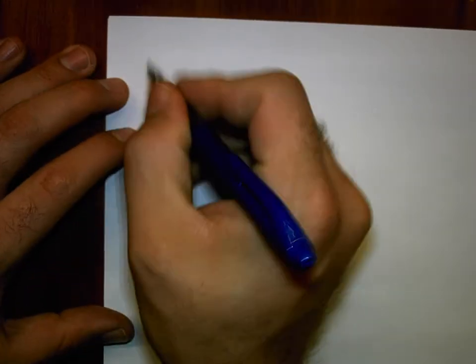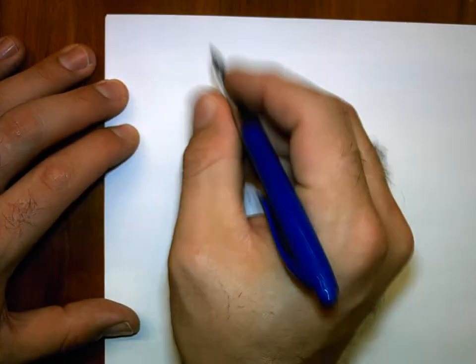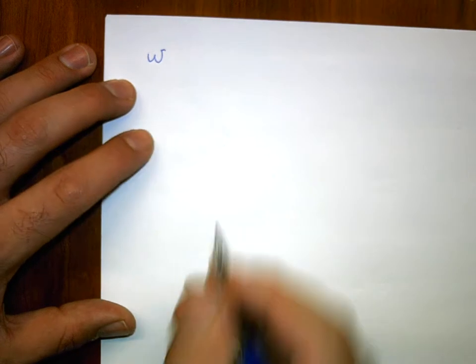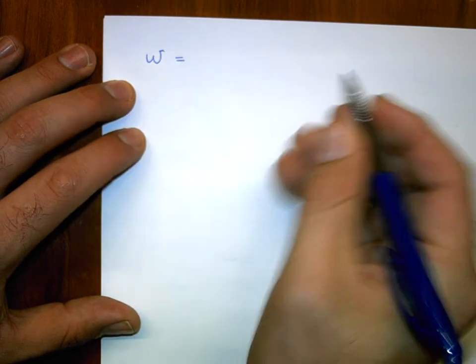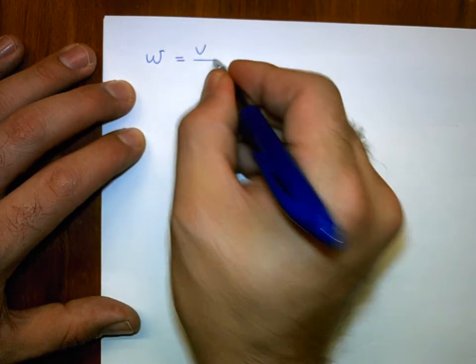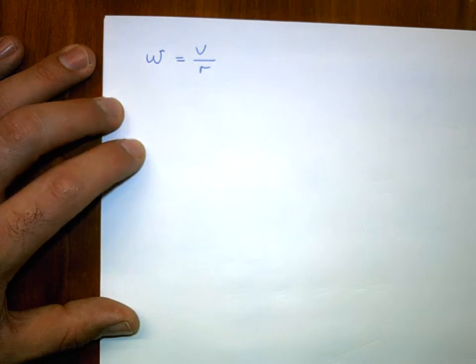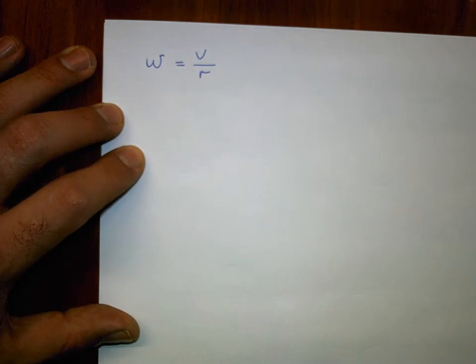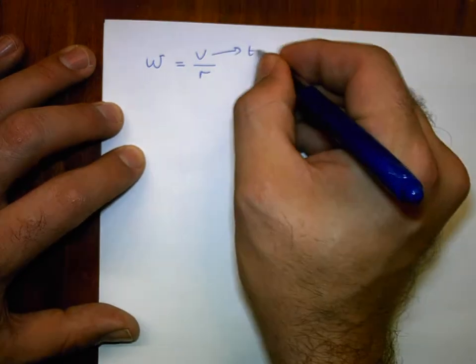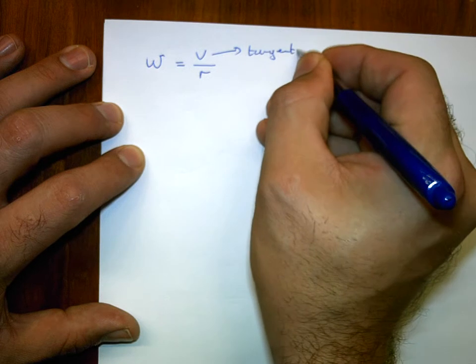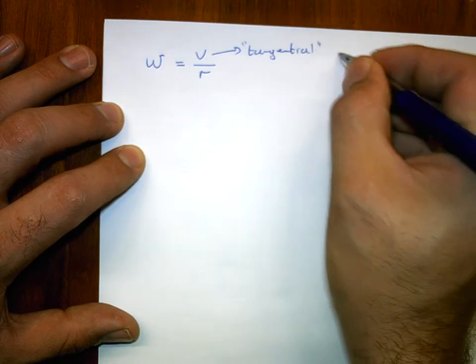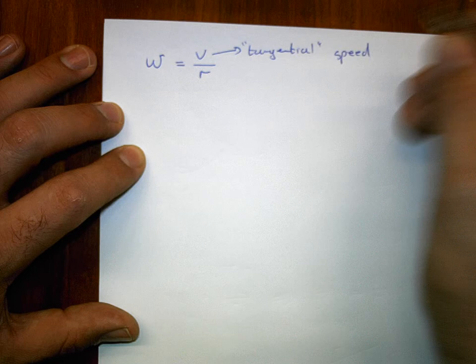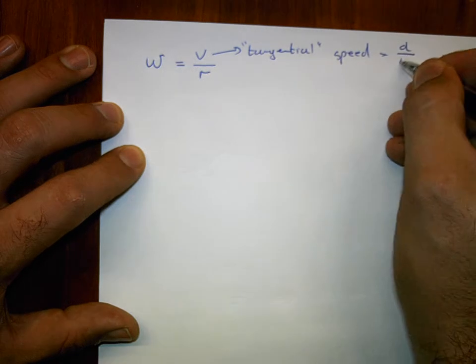So in general, we've got that the angular speed is equal to the tangential speed divided by the distance away from the point of rotation. So this is just the regular tangential speed, which is just distance divided by time.